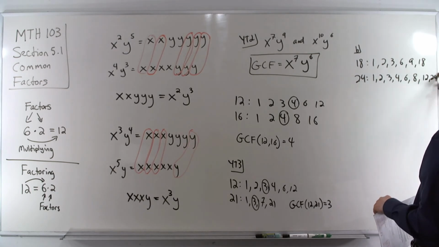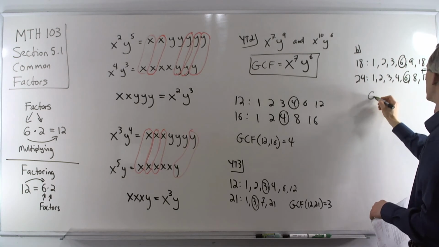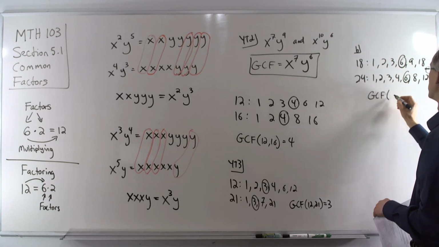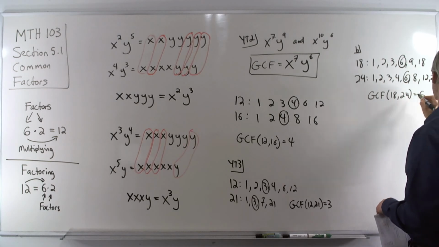All right, largest number that's in both lists is 6. That makes the GCF of 18 and 24, 6.